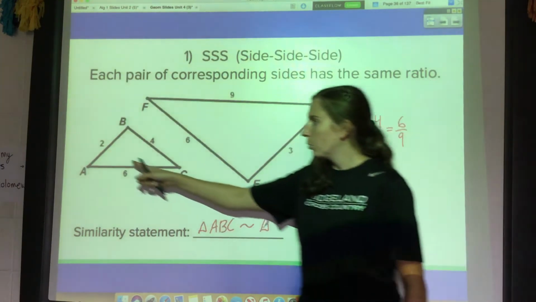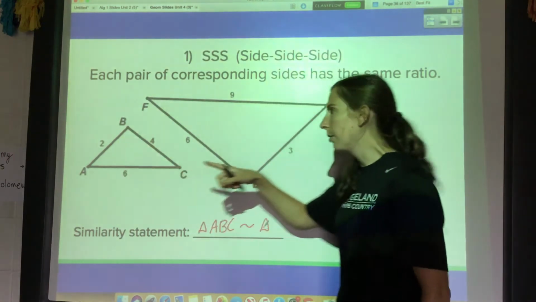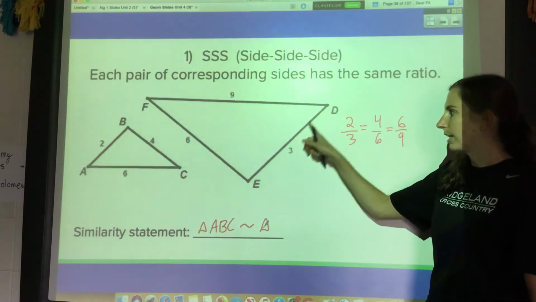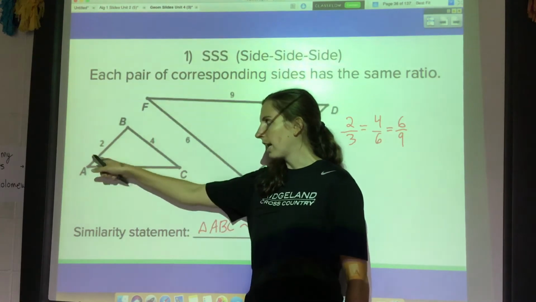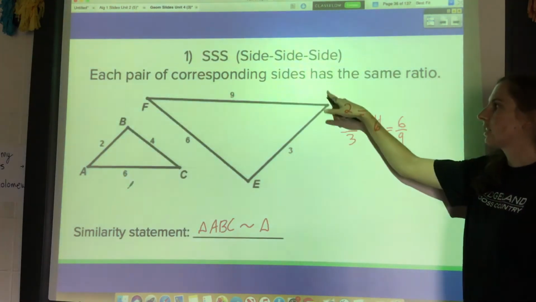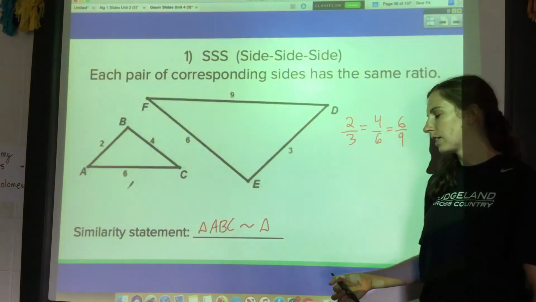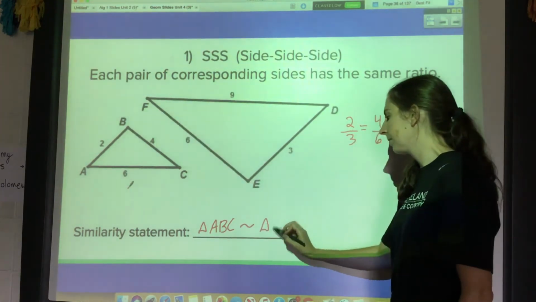So AB was the short side of this triangle, and so I need to line that up with the short side of this triangle, which was actually DE. And then AB went from the long end to the medium end. And so I need to go from this long end to the medium leg or side. So I'll go D, E, and then F.